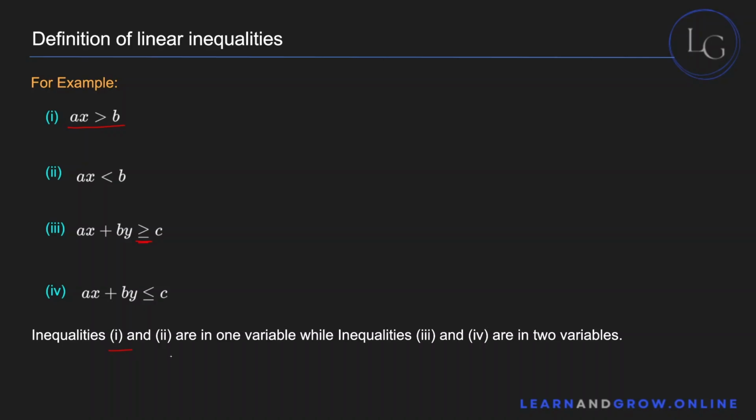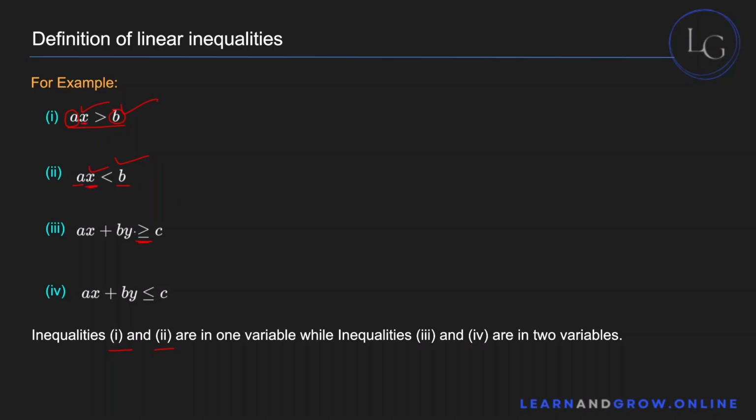The inequalities 1 and 2, so this one and this one, are in one variable. As you can see, the only variable in this is x. A and b are constant numbers, this a and this b, and this a and this b as well. They're constant. The only variable in these two is x.